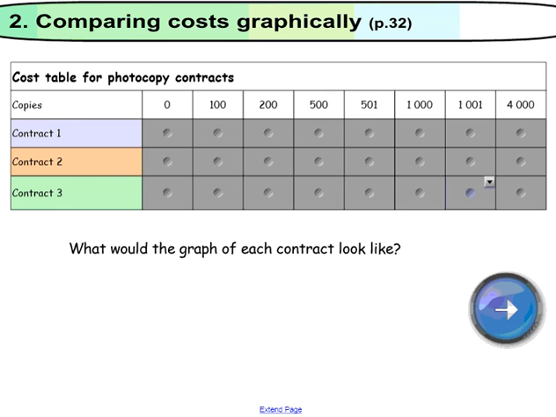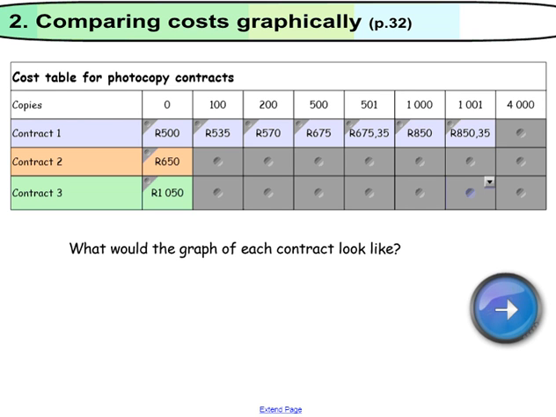If I have no copies, then I would pay 500 Rand, 650, and 1,050 Rand. You would use your calculator. Contract 1, you would go 500 plus 100 times 35 cents. And so you would get all your values. Now I've done it for you.